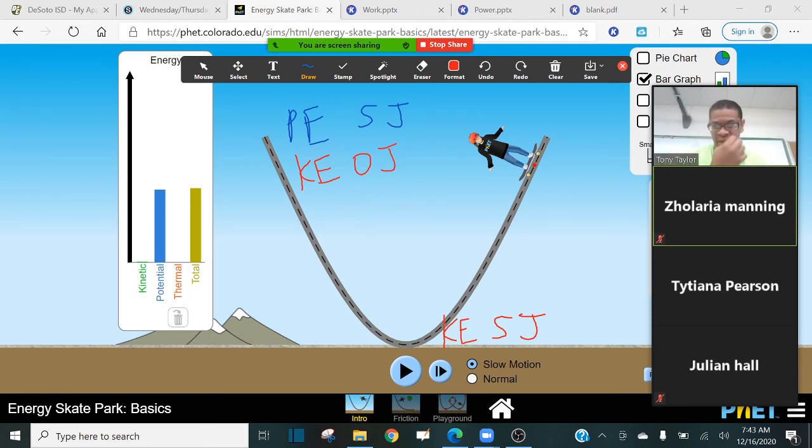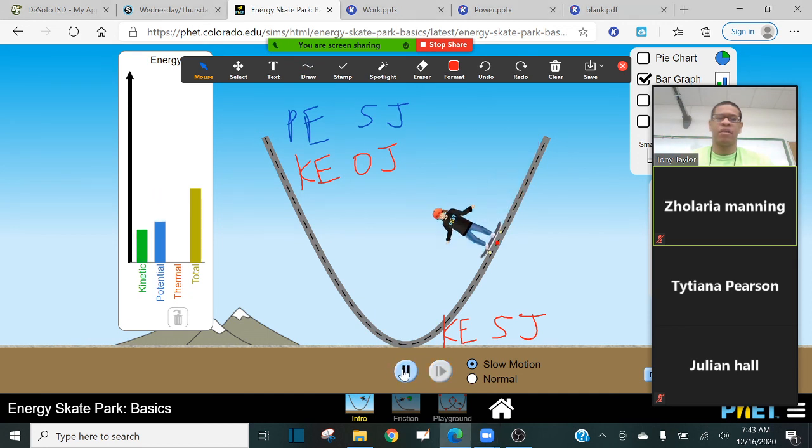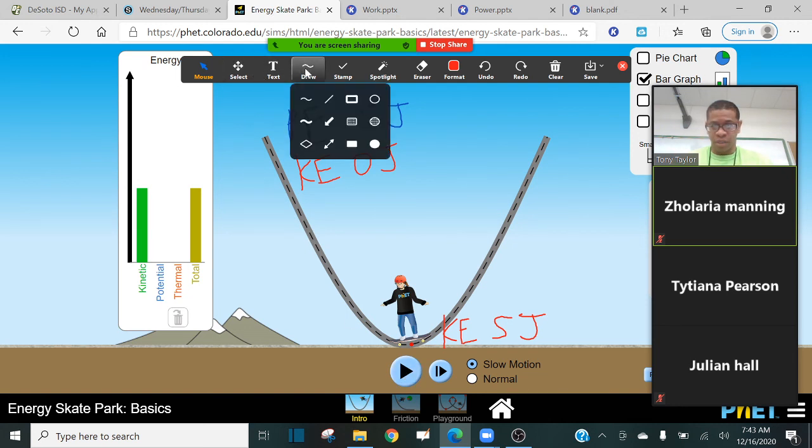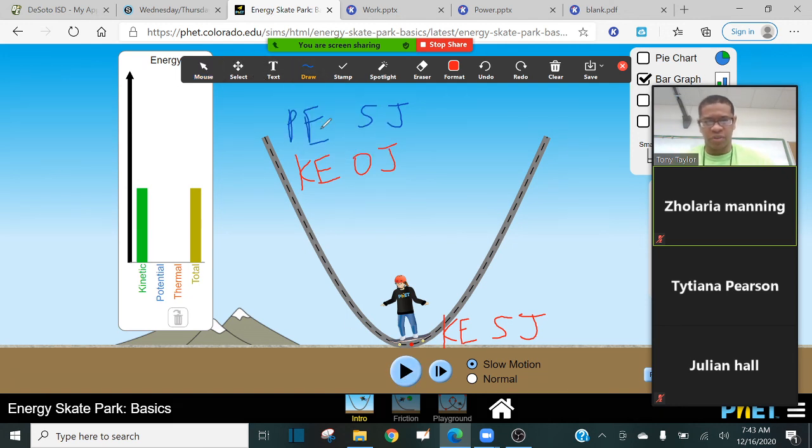Because he comes to a stop, and then by the time he goes downward, again, all of that potential energy became kinetic energy. So if he lost his potential energy, that means at the very bottom, his potential energy must be 0 joules.